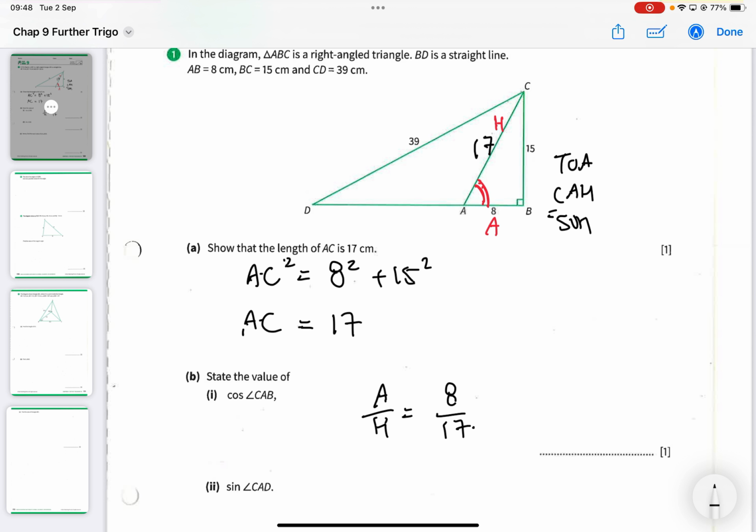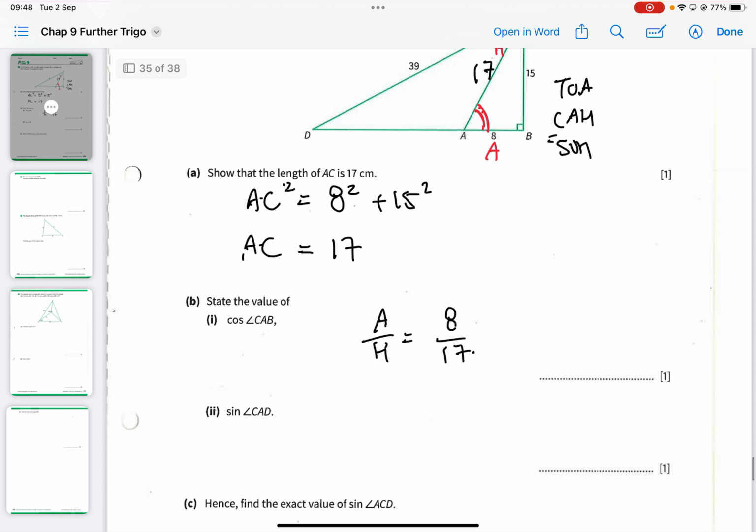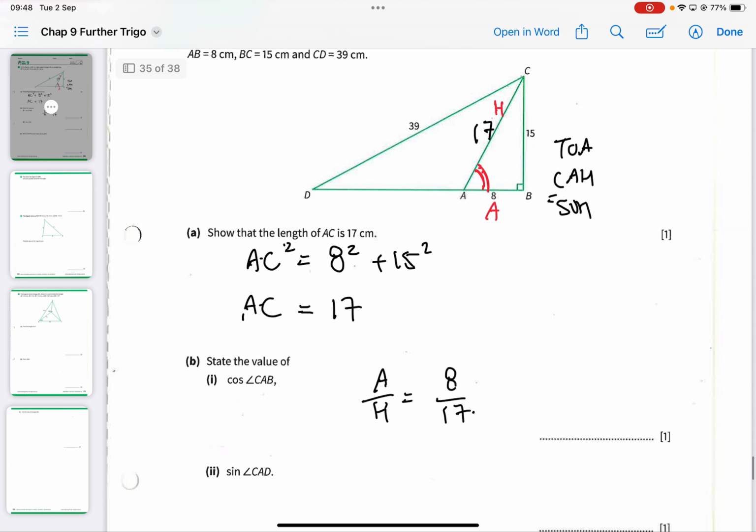Okay? Then I'm asked to find sine CAD. Sine of CAD. CAD is here. It is an obtuse angle.